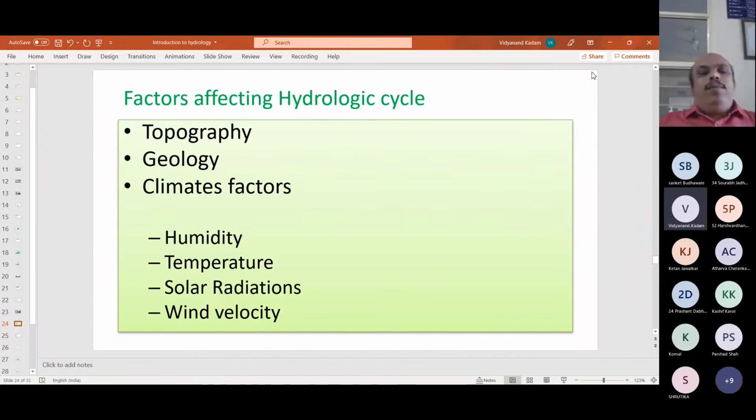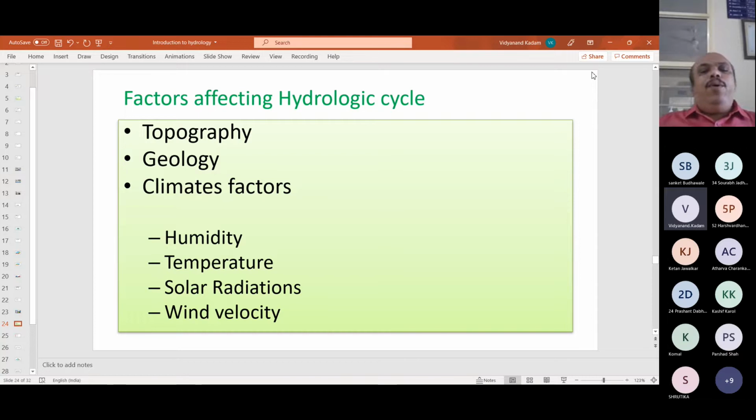Second is geology. Now what do you mean by geology? Geology is a subject which deals with the study of the earth's crust. Okay. So when precipitation takes place, and if the geology of the basin is such that there is more chance for percolation of water, in that case that basin yields less runoff.